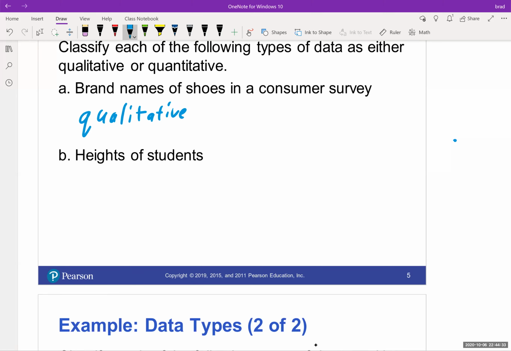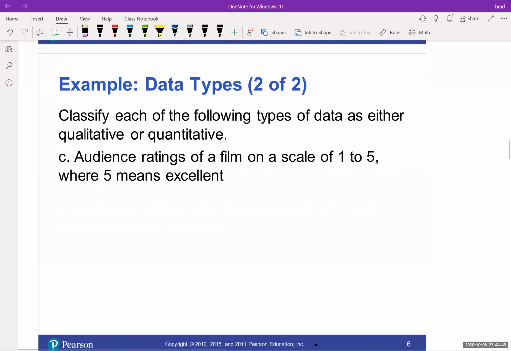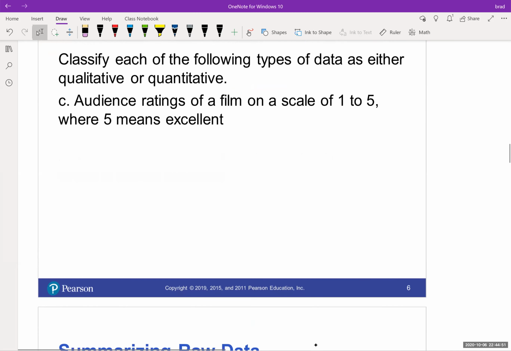Okay, and then heights of students. Well, heights of students is definitely numerical, so this is quantitative. Okay. So here it says classify each of the following. So this is a continuation. It says audience ratings of a film on a scale of 1 to 5, where 5 means excellent. So now here's the thing. 1 to 5.